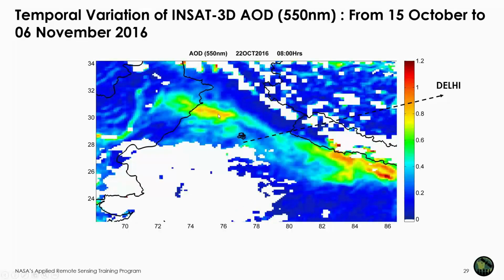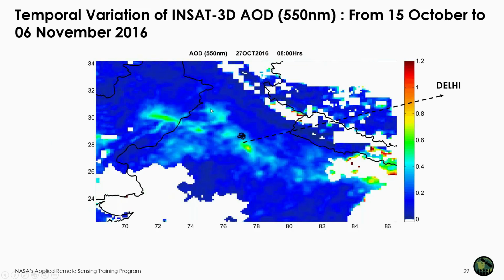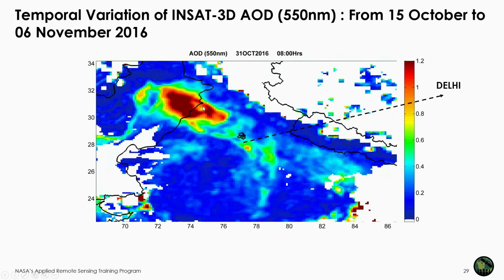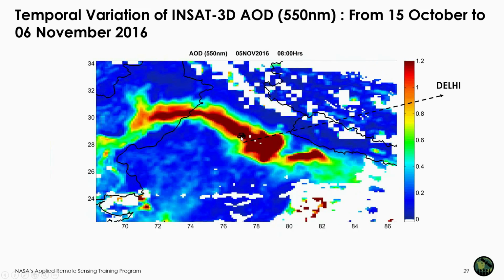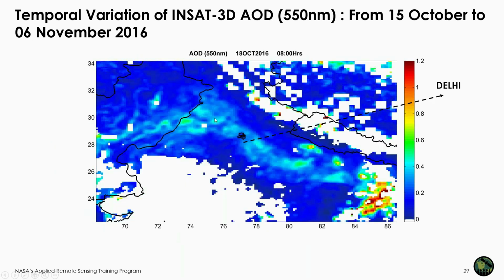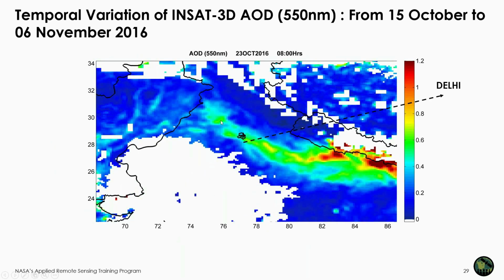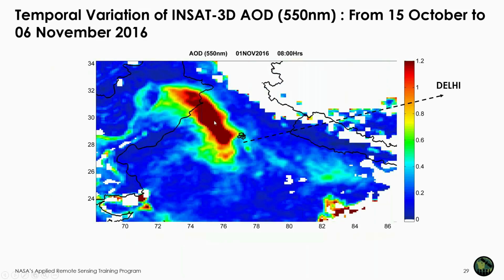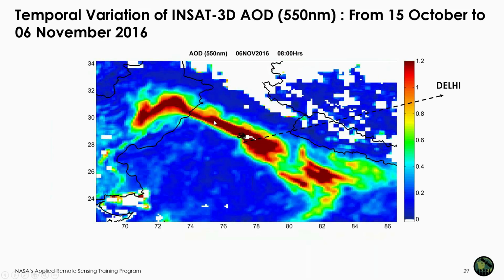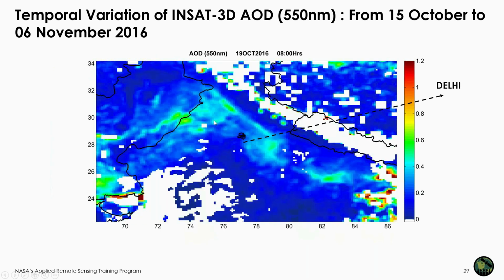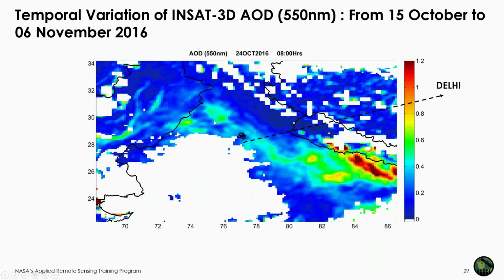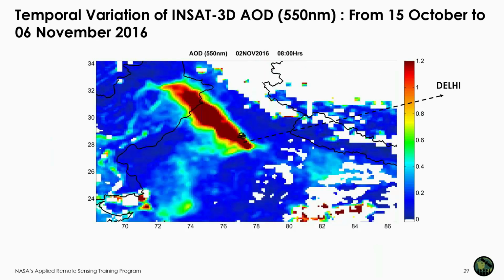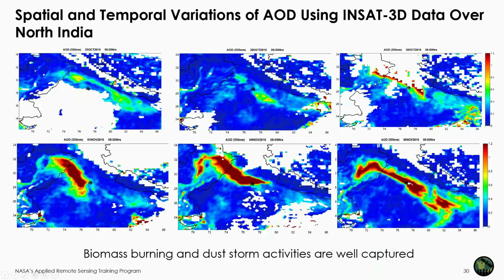Even though the events are happening in Punjab, the biomass burning, a large part of the capital of India is also suffering, and then the eastern part also suffers because of the pollutants produced over this region. So using satellite images, one can understand in which direction and up to what distances the air pollutants can travel.